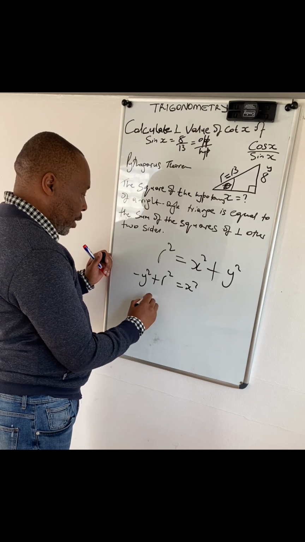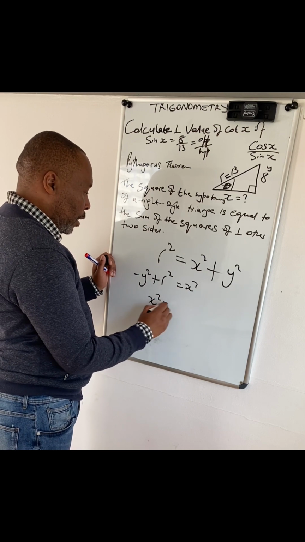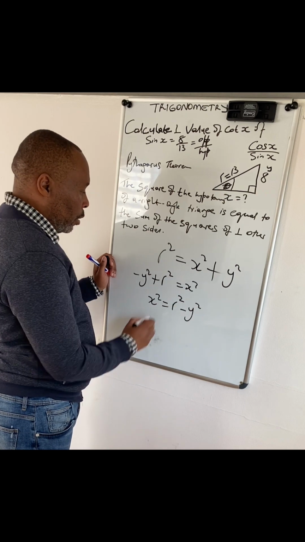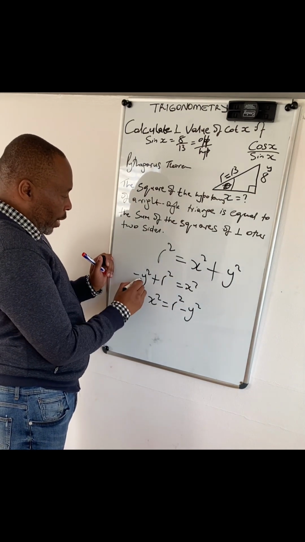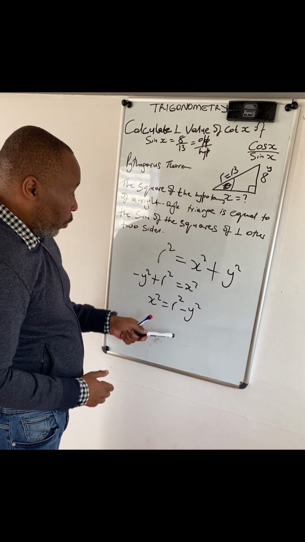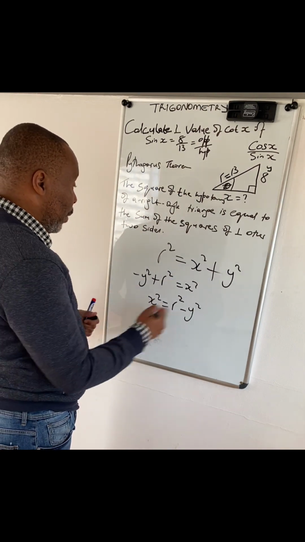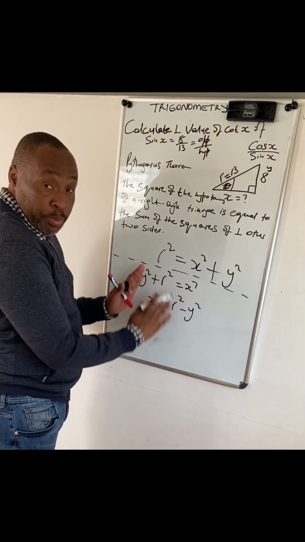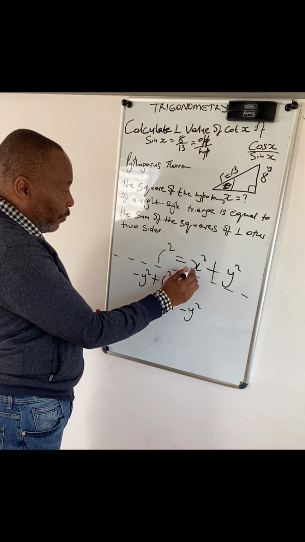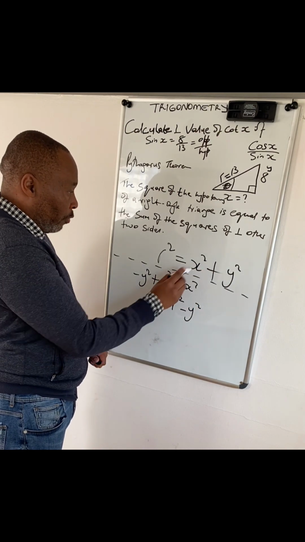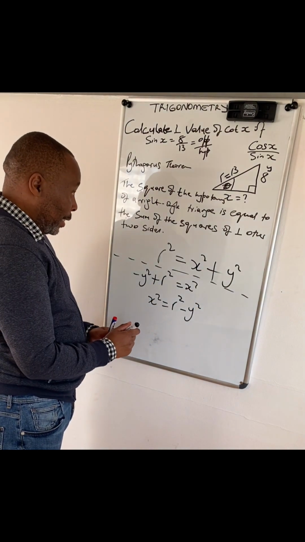This is the same as x squared is equal to r squared minus y squared. R squared is positive, y squared is negative. This is what Pythagoras is saying, but Pythagoras goes up to here. Here we are manipulating the equation because this is the value we want. We're not looking for r, we're not looking for y, we are looking for x squared, and this is it.